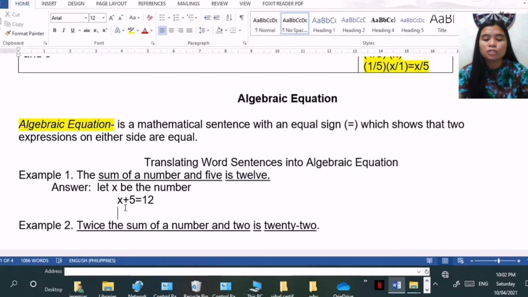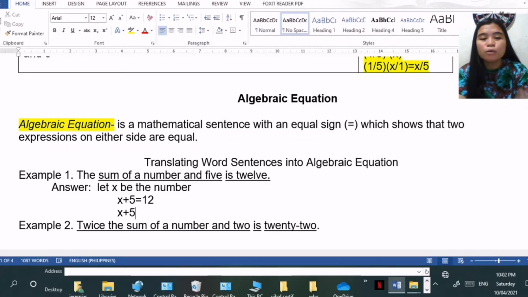So, ganito po siya isosolve. Copy the variable, then copy the operation which is plus, and then copy 5, and then kailangan po, kapag magsosolve kayo ng algebraic equation or ng equation, kung nasaan yung variable, kailangan maiwan siya doong mag-isa.